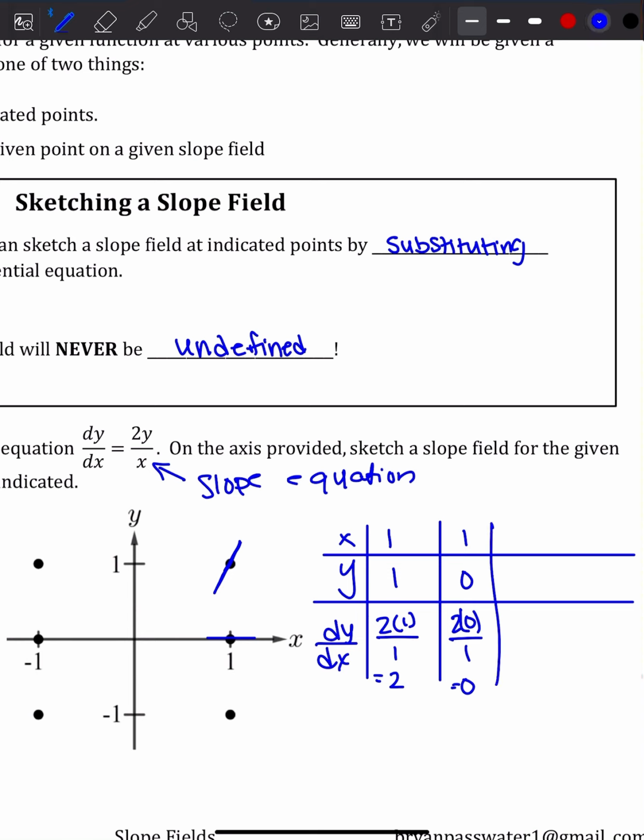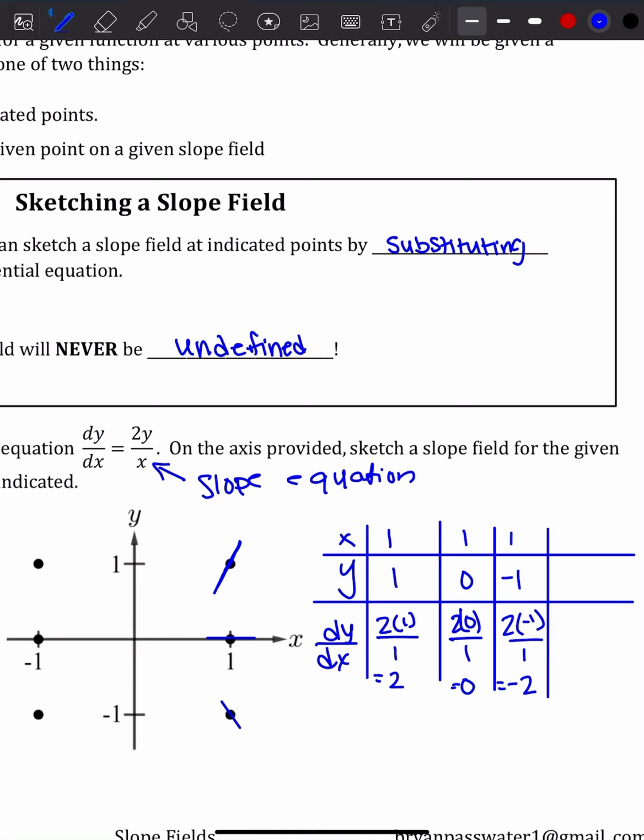And then the last one on this side, 1, negative 1. So 2 times negative 1 divided by 1 gives us negative 2. So I'm going to do kind of the same thing, but in the negative direction. I have a small little dash to help us out, and it looks about the same as our other one. Okay, now we go to the other side.